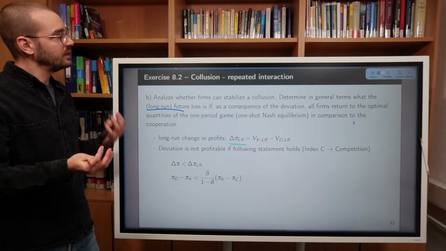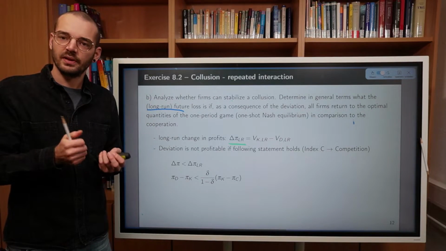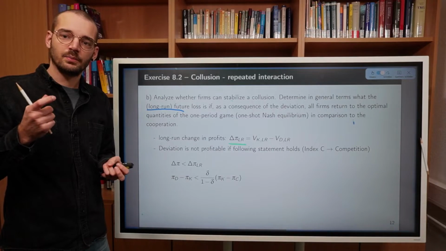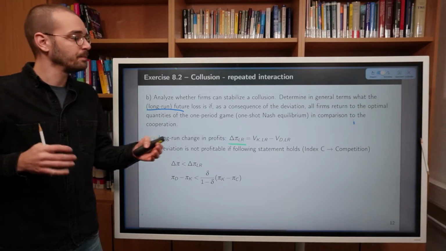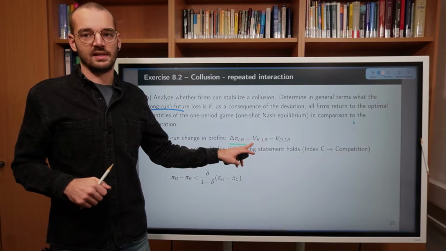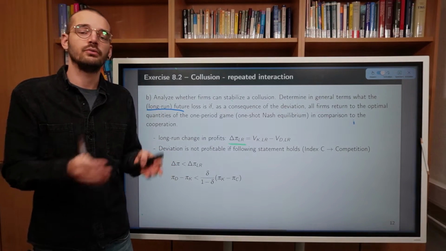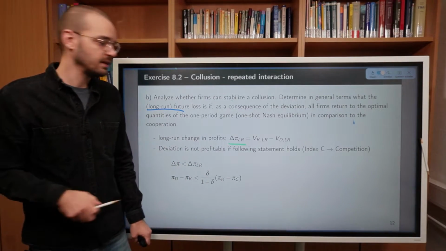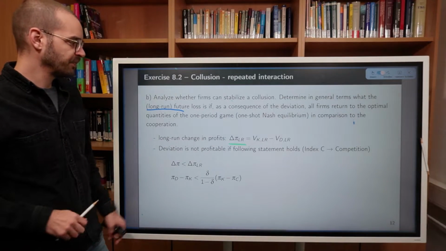Or conceptually, one might think of this as what we did under task A, the short run change in profit from deviation, as an incentive to deviate. Meanwhile, this change in the long run profits is conceptually a punishment because we are giving up on future profits. Okay? In this comparison, that will become important.